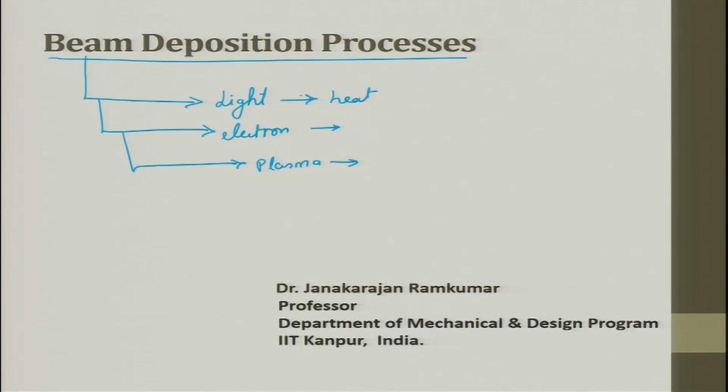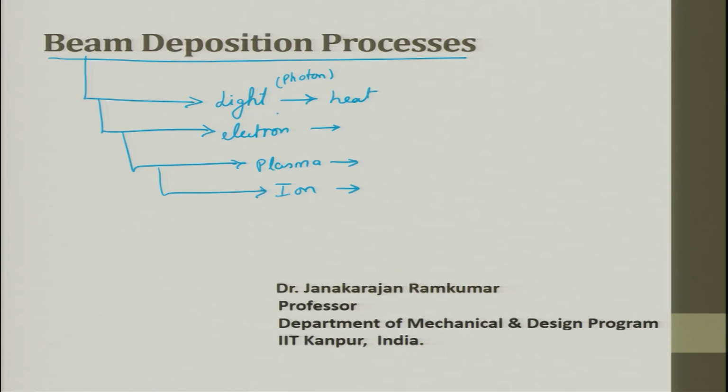through which we try to make a prototype or a rapid manufacturing part. So, the beam can be light, or if you want I can change it, I will put it as photon. You can use photon as a source, you can use electron as a source, you can use plasma as a source. Why not use ion? Ion also can be used. You can use any of these sources, and when they strike the material or matter, they try to interact, and when they interact, they generate heat.